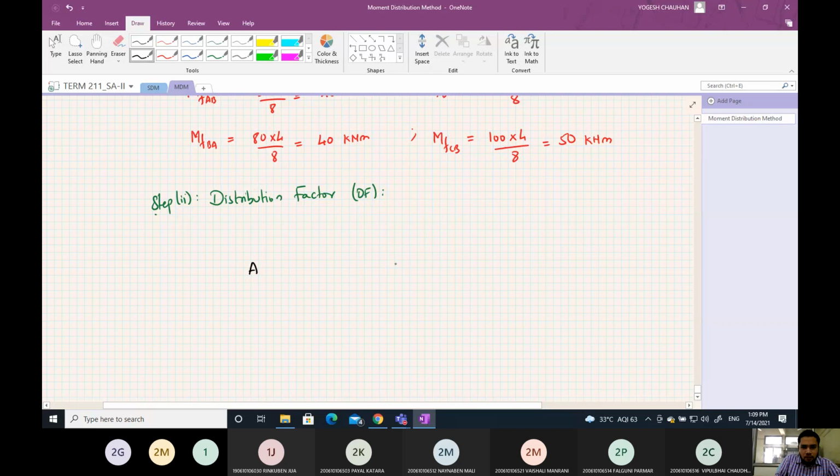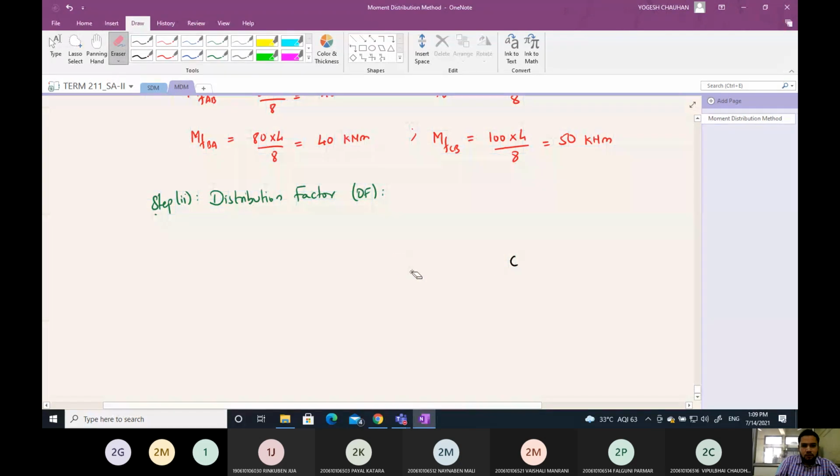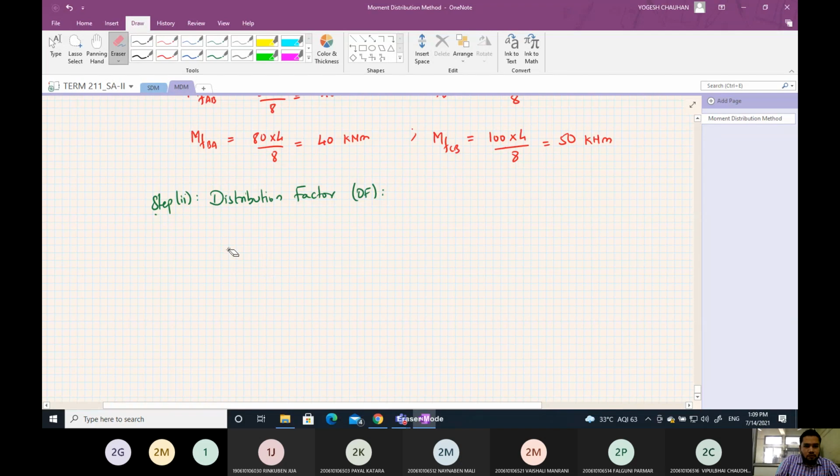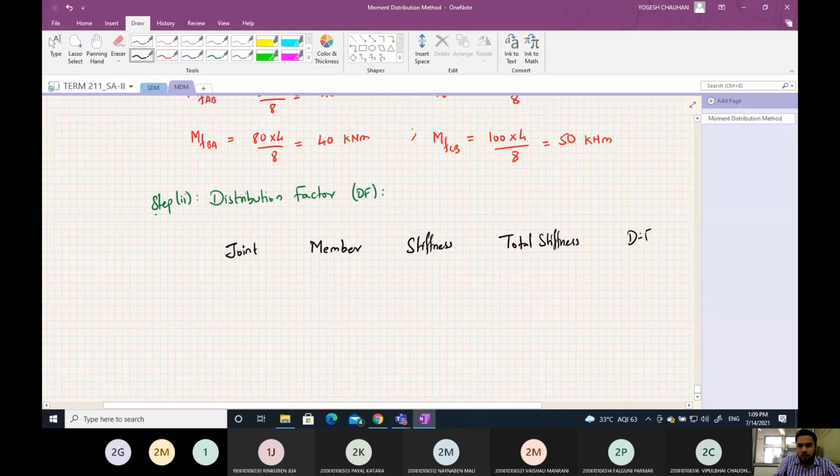Let this be joint A, joint B, and joint C. Columns: joint, member, stiffness, total stiffness, and distribution factor.